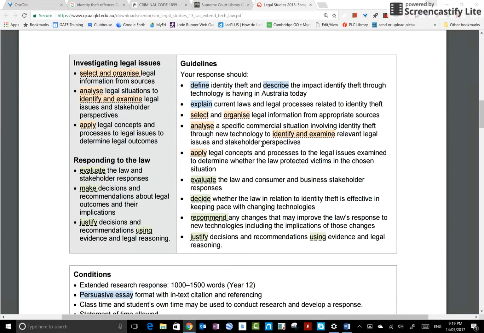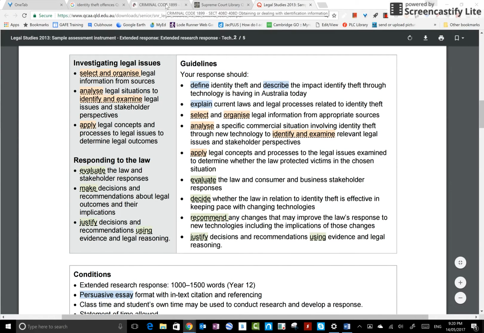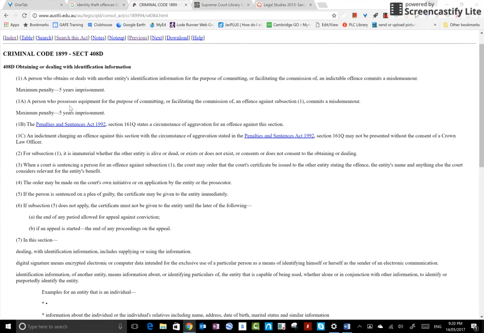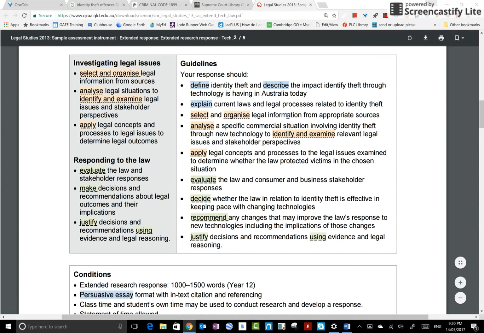We're going to be looking at multiple different perspectives of the particular case and identify and pick out of that particular case what was pertinent to the Criminal Code of 1899, or if you're doing the Criminal Code for the Commonwealth, what particular aspects were relevant for the particular case.